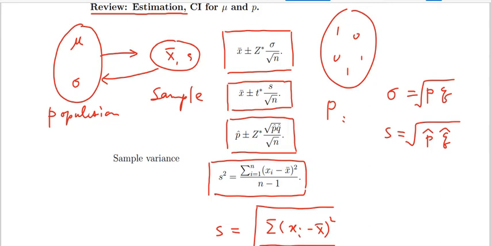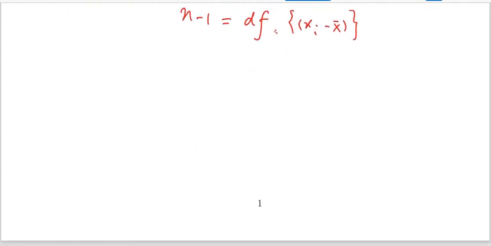So why do we need to take a sample? This is for our purpose. Sometimes we want to estimate, and sometimes we want to check people's claim. Let's say mu or sigma we don't know, but some people claim they know it.